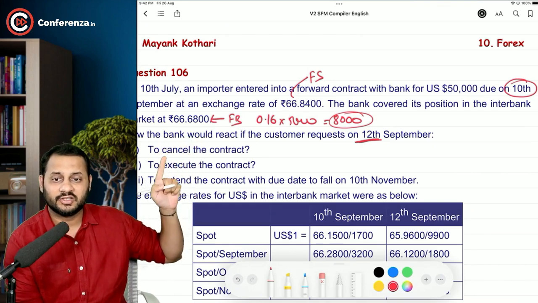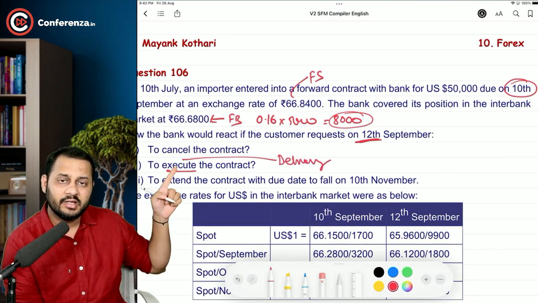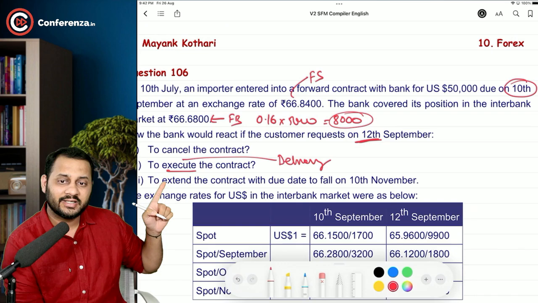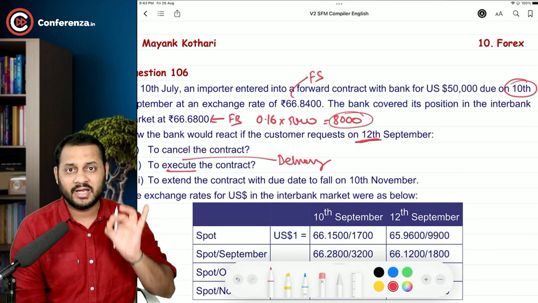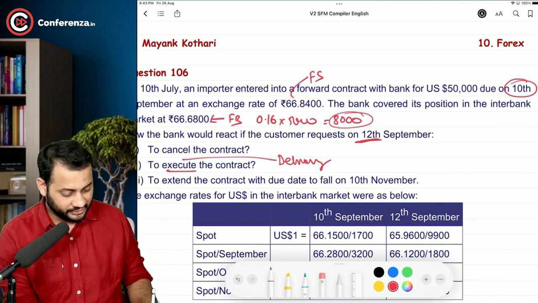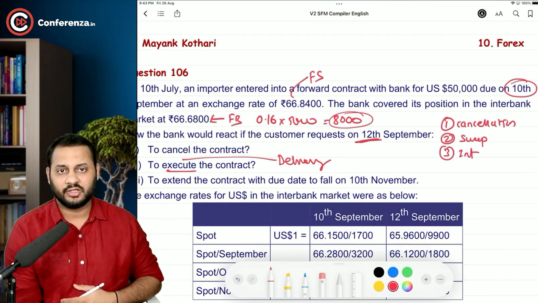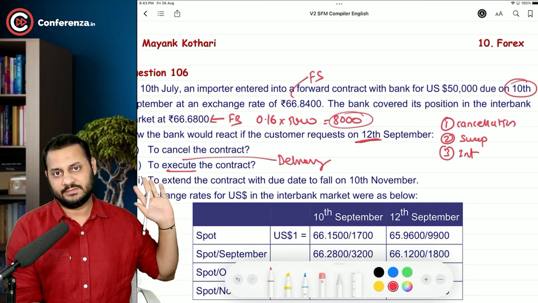If the customer requests for delivery, that means if he wants to buy the dollars on 12th September, cancel the contract on 12th September, or extend the contract, in all the three cases, there are some charges which the bank will recover for sure. First charge, cancellation. Second charge, swap loss. Third charge, interest on outlay. All the three will be the cost in all these three options.